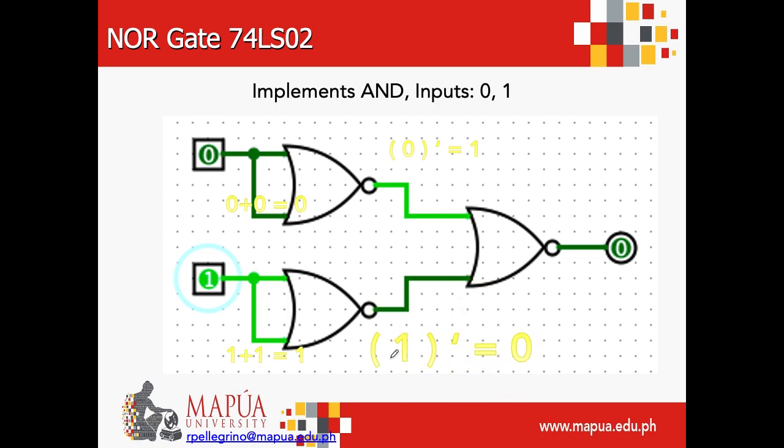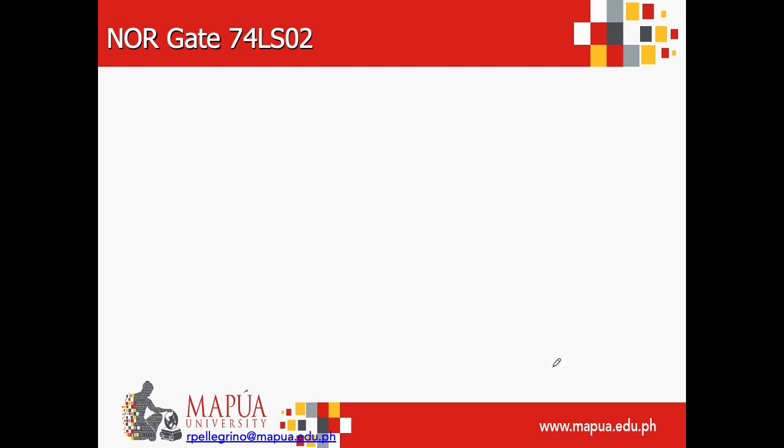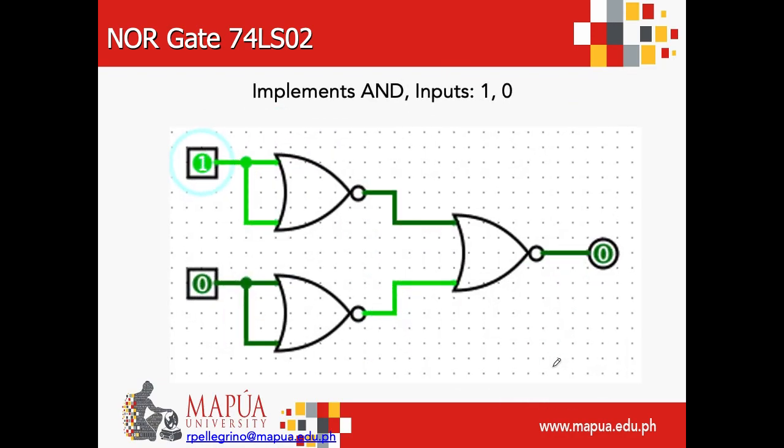So 1 or 1 is 1, complement is 0. Thus for the final NOR gate, we have here 1 or 0 is equal to 1, and complementing that will become 0. So as you can see, that is 0.